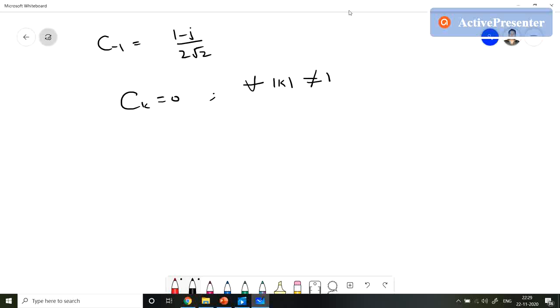So these are our complex exponential Fourier coefficients.